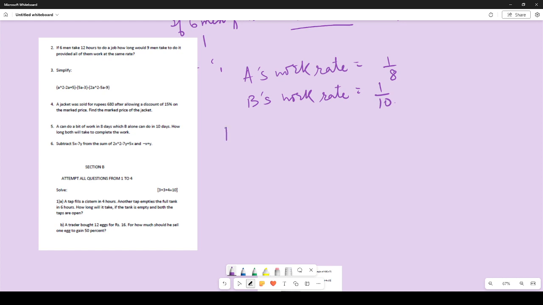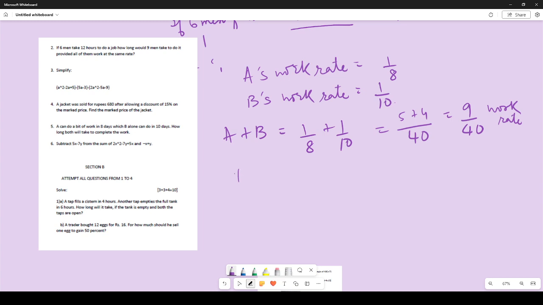So together A plus B, when they work, their work rate becomes what? Their LCM is 40, 5 plus 4, which is 9 by 40. Now 9 by 40 is their work rate, remember. That means in one day they will finish 9 by 40 work.